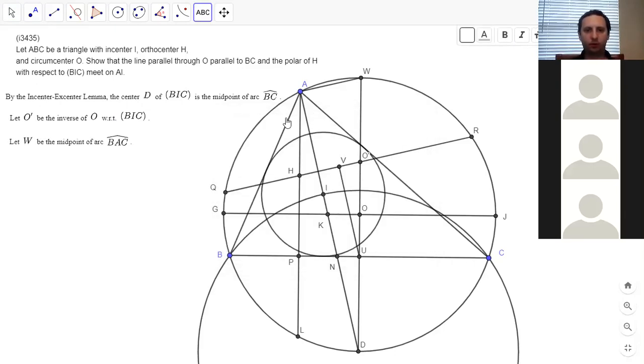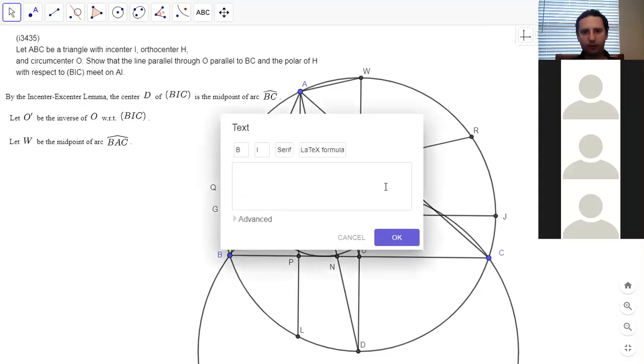Okay, first, it's not hard to show this is a parallelogram, because O' is the orthocenter, being the reflection of B across U. So first I'm going to show that. DU times DW is DI squared, which equals DB squared.